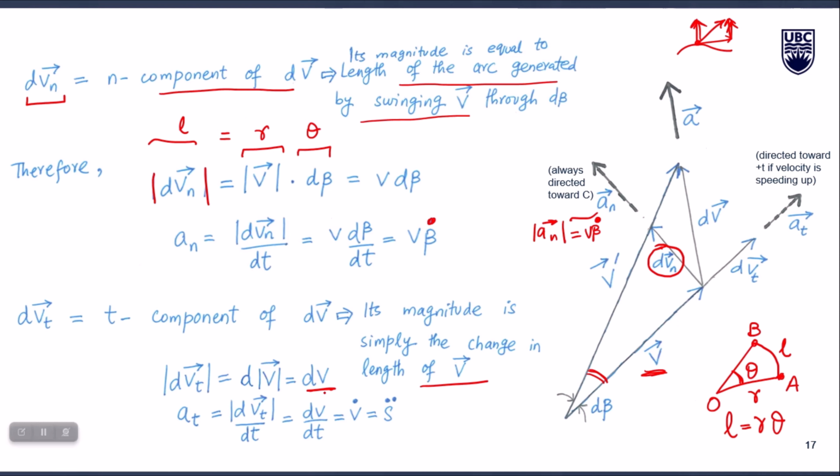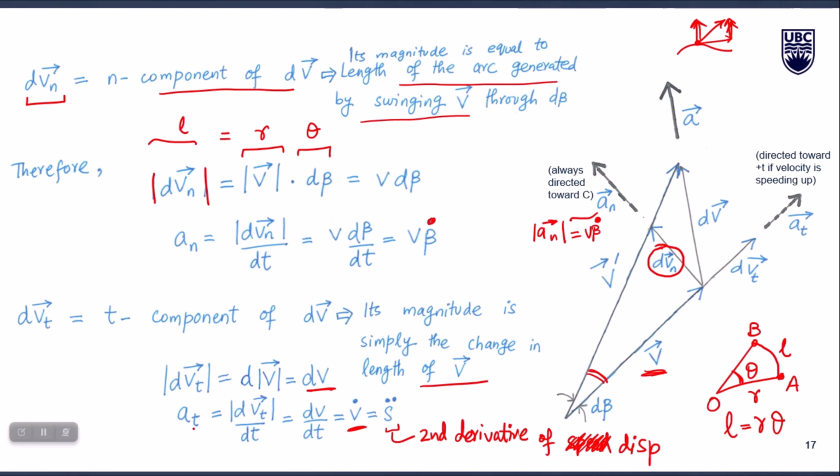of the v vector. If we divide that by dt, it becomes the t component of acceleration, change in velocity divided by change in time. So the t component of acceleration will be simply dv by dt, and we can represent it as v dot, or the second derivative of displacement.